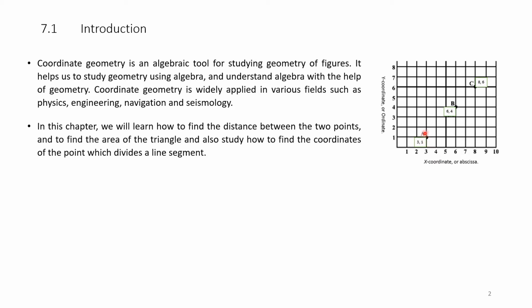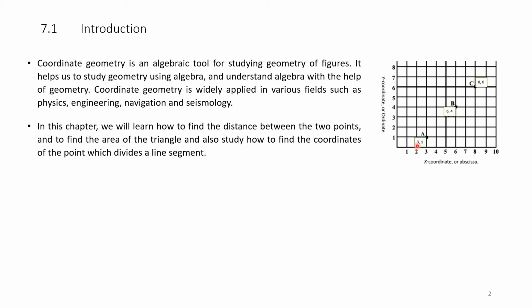Consider a point A. A is located at a distance of 3 points from the origin. That is, A horizontally is number 3, and Y is 1. So A is represented as 3, 1, that is XY.